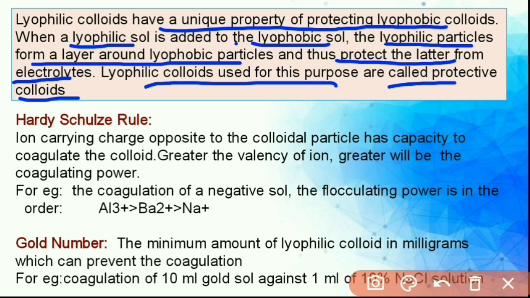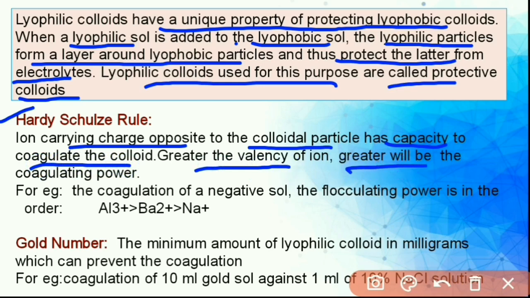Next is the Hardy-Schulze rule. Ions carrying charge opposite to the colloidal particles have the capacity to coagulate, and the greater the valency of the ion, the greater will be the coagulation power.